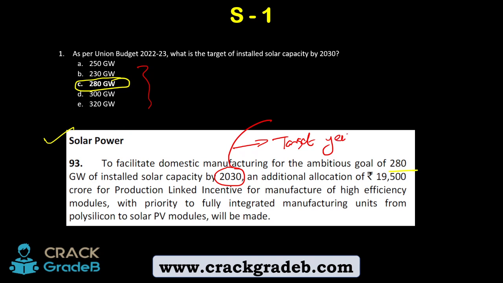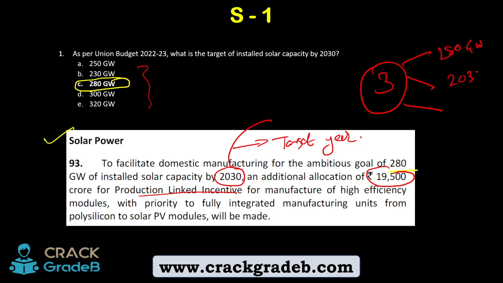What amount of money? It's 19,500 crore for the PLI incentive for manufacture of high efficiency modules. So with one question, you got three pieces of information: 280 gigawatt, target year 2030, and 19,500 crore allocation.